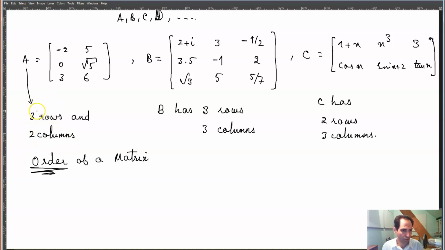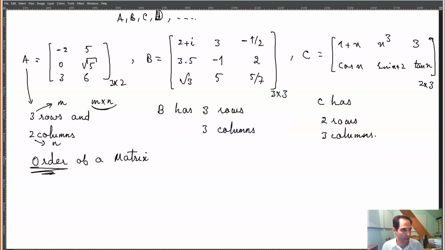Usually the number of rows is denoted by lowercase m, and the number of columns is denoted by the lowercase n. And we call the matrix an m by n matrix. So, for example, this matrix is a 3 by 2 matrix. This matrix is a 3 by 3 matrix. This matrix is a 2 by 3 matrix.